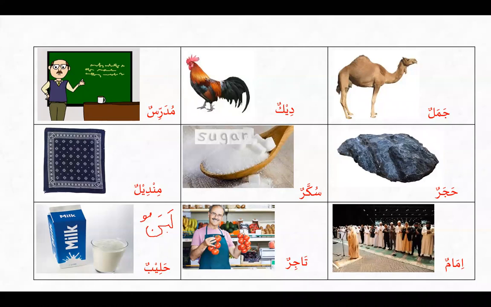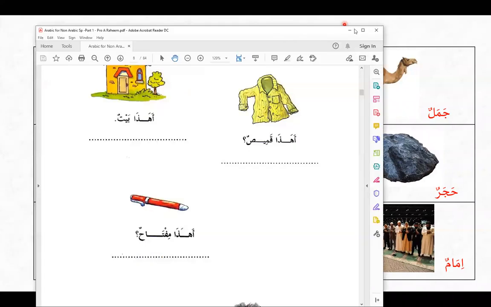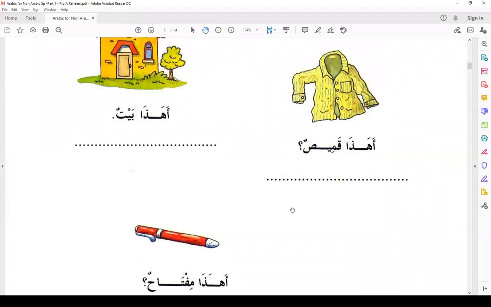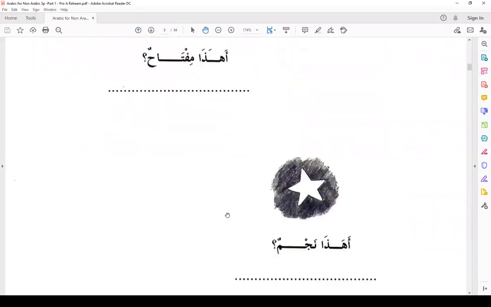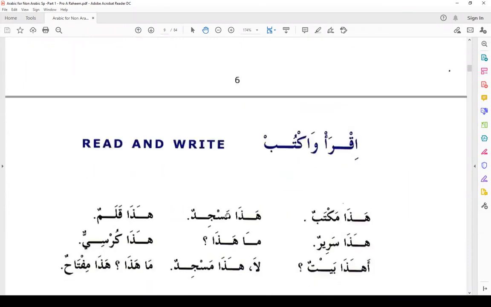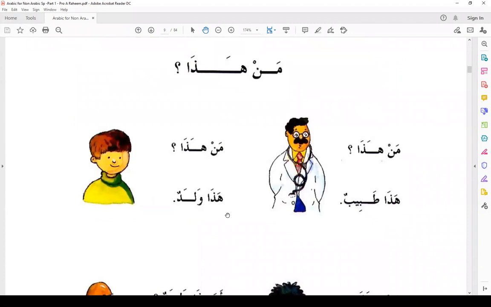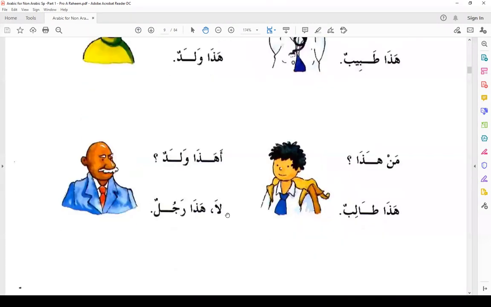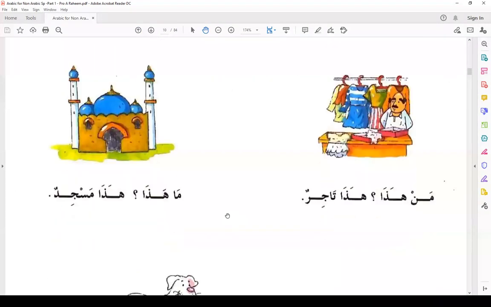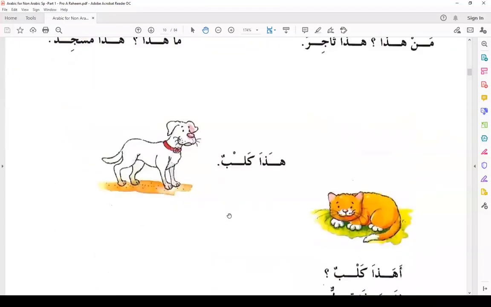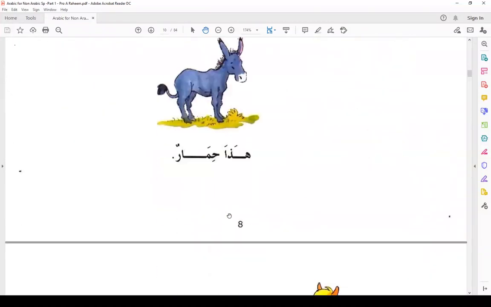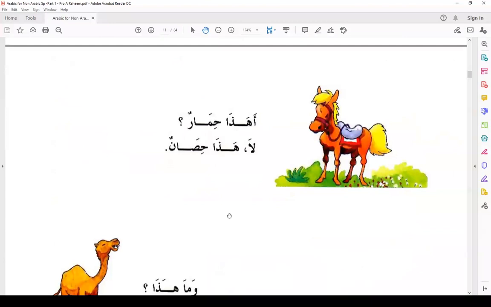Last week we started the book by Professor Abdul Rahim, and what we went through there is basically an example of it. I want to continue with this book. I had sent this on the group. I hope everyone has gotten a copy of it. We had reached, I think, page 8, page 9.